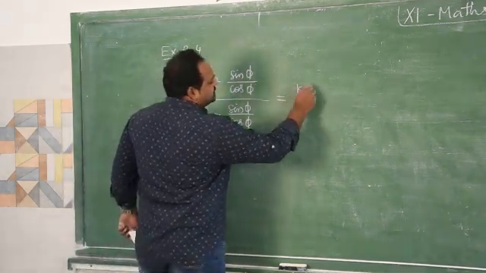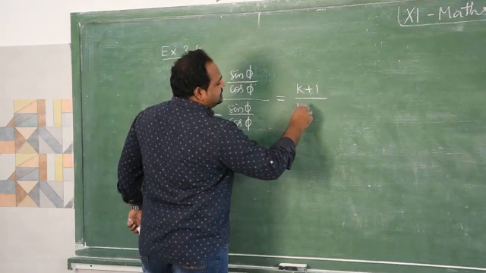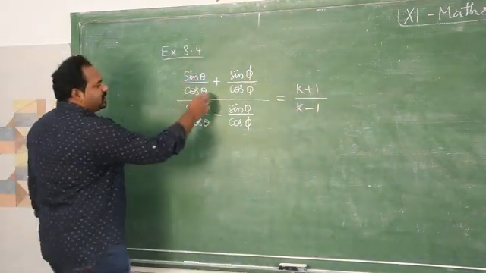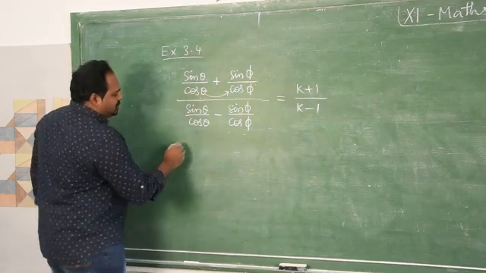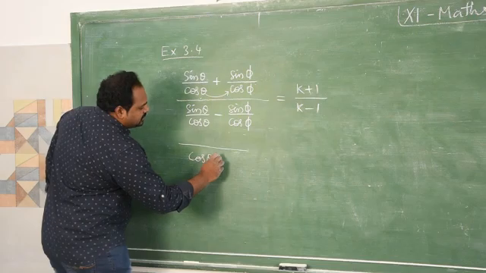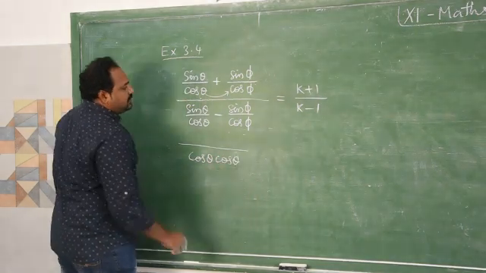Don't change anything in this numerator, just keep it as it is. Next I am going to take a common LCM in the numerator. We know that cos theta into cos phi.